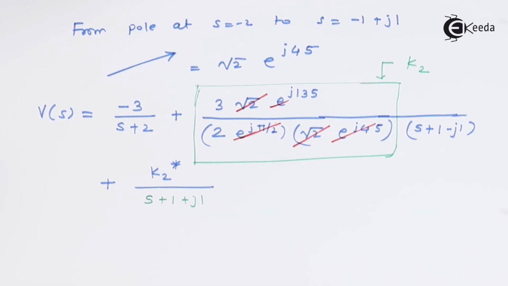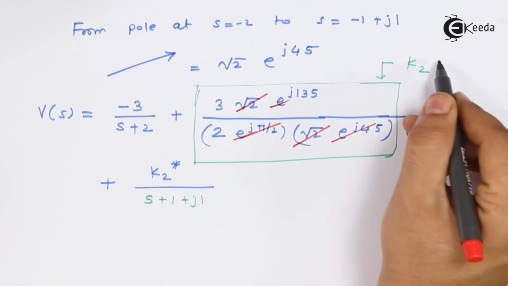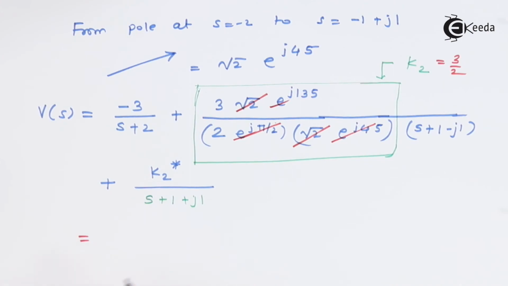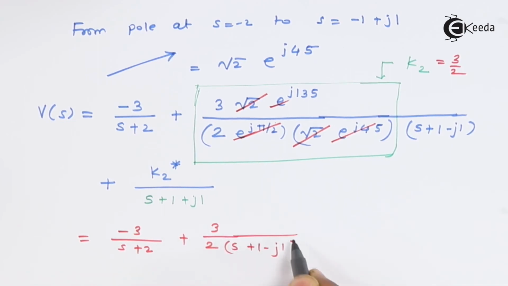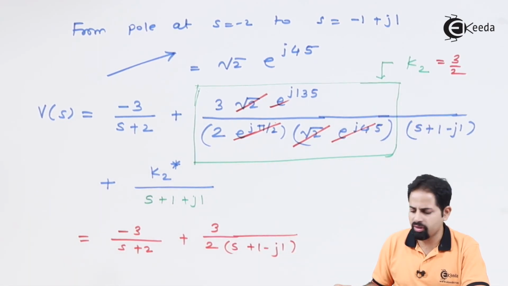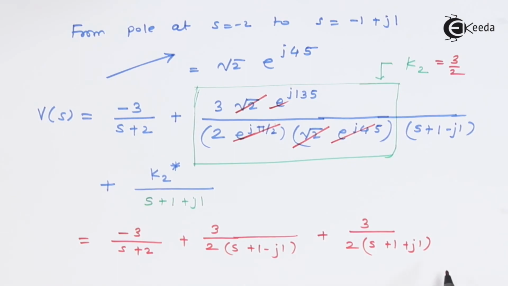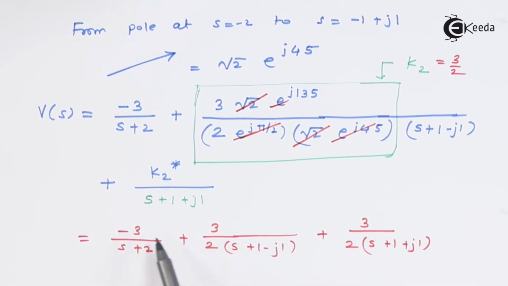So it is the same as 3 by 2, because the complex conjugate of 3 by 2 is 3 by 2 only. So we have got K2 as 3 by 2. So finally we'll write, and the complex conjugate for this 3 by 2 is the same. And this is how we got all the residues K1, K2 and K2 conjugate.